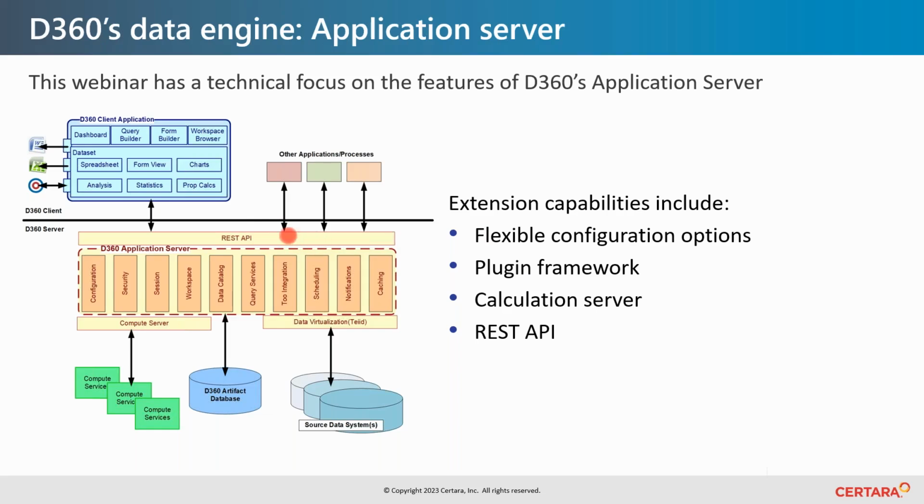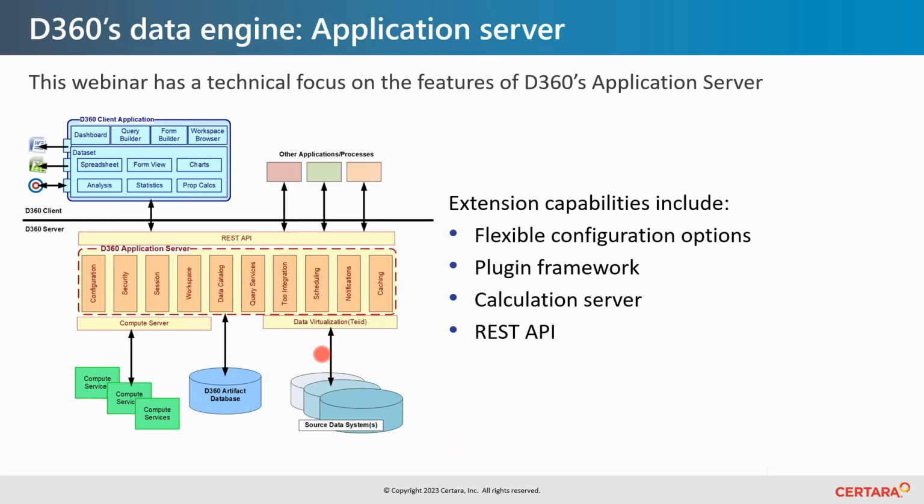Through the REST API, you can build other applications or processes based on the application server. The application server is then connected to the D360 user database and all the data systems that you configure it to be connected to.